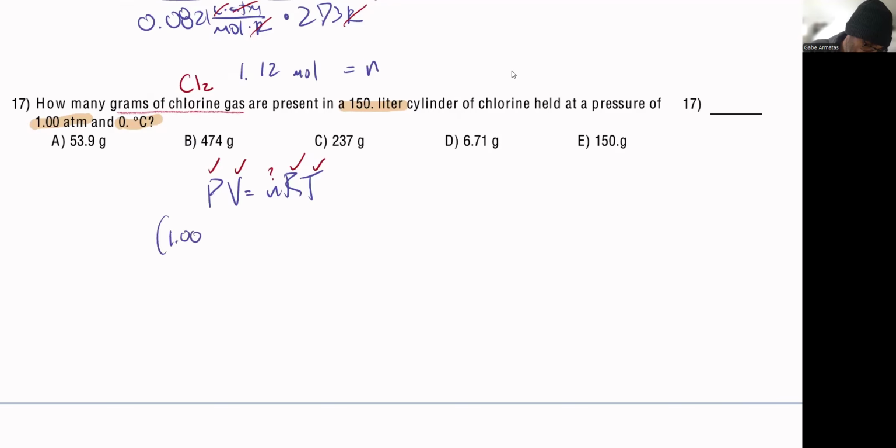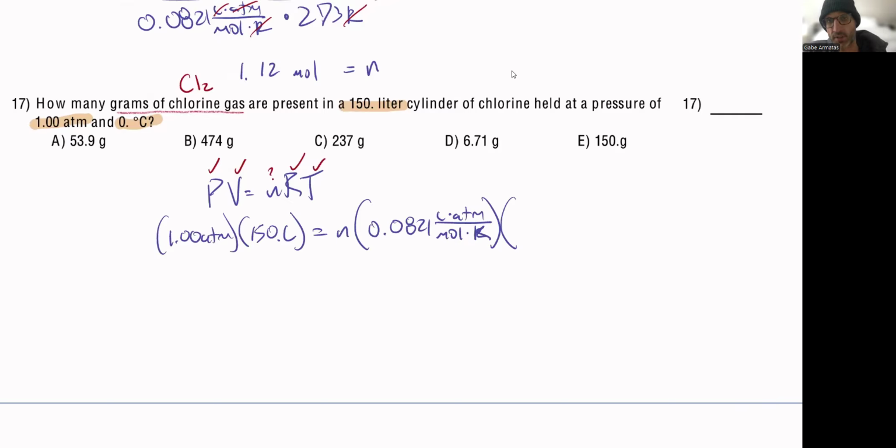Pressure is 1 atmosphere. My volume was 150 liters. My moles is what I'm looking for. R is constant, 0.0821 liters times atmospheres all over moles times Kelvin. All times 0 degrees Celsius, which is 273 Kelvin.